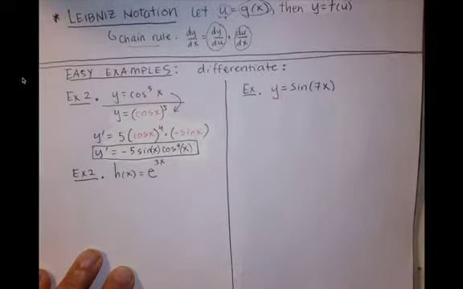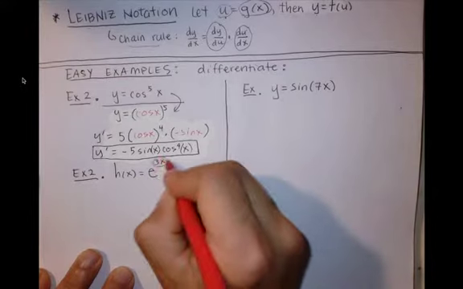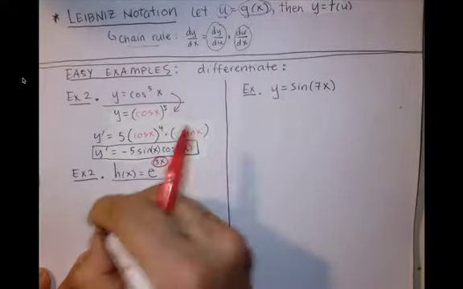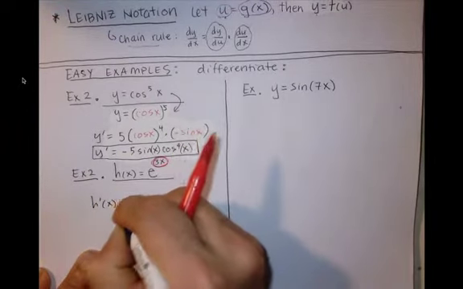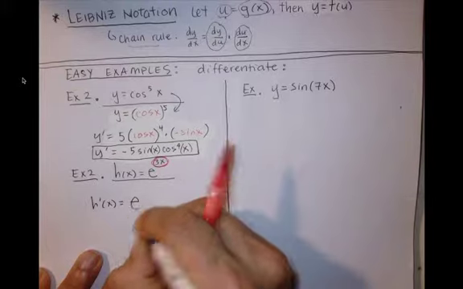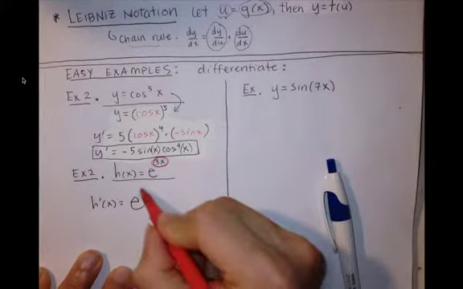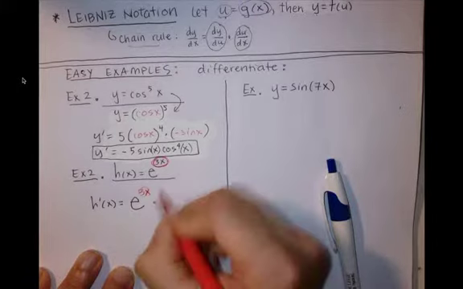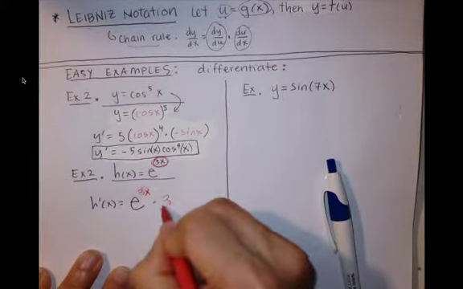Second example here, my inside function is 3x. My outside function is e to the x. So according to the chain rule, h prime of x is equal to the derivative of my outside function with the inside function plugged in times the derivative of the inside function, which is just 3.